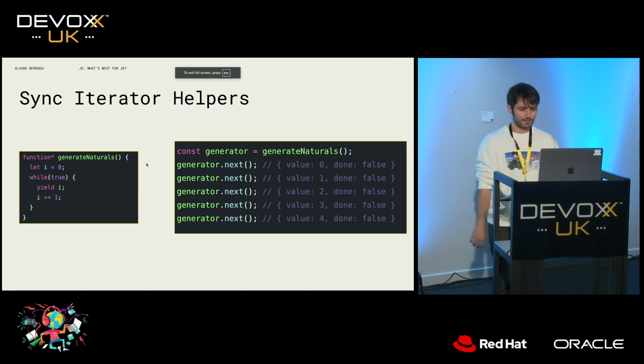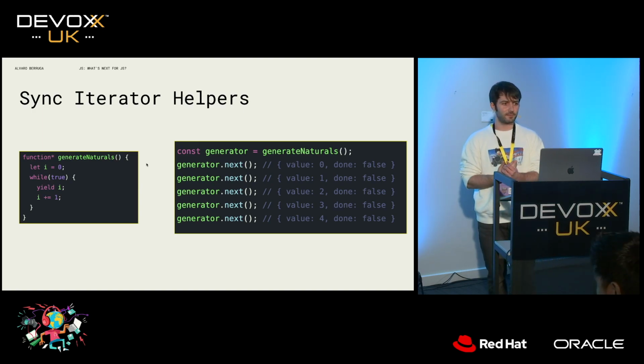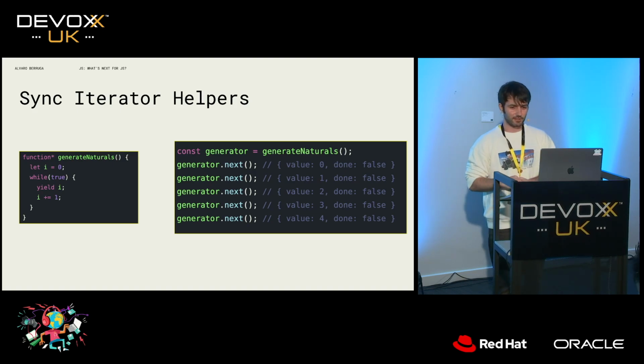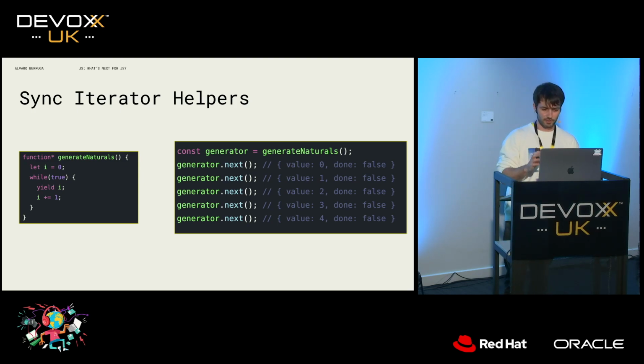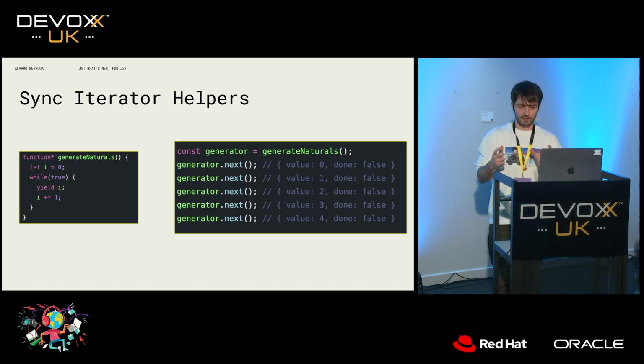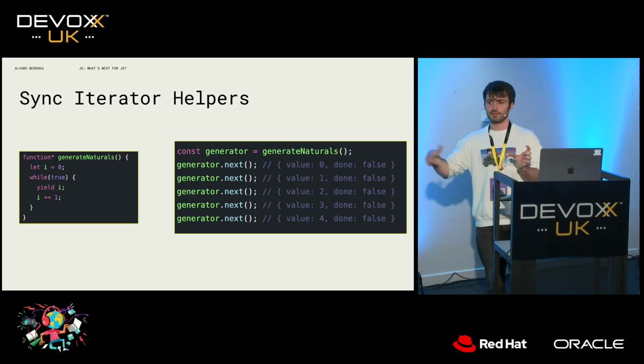Okay, next one, iterator helpers. How many people here are familiar with or use generators in JavaScript? Okay, nice, awesome. So I'll cover super quick what a generator is. A generator, you can think of it as a function, but instead of returning one value, or just giving you one return, you can call it multiple times. Every time you call it, it will generate the next value.